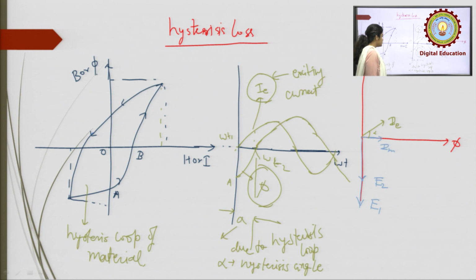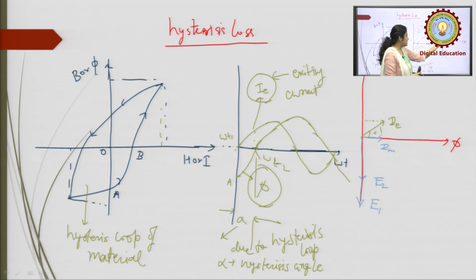So due to the presence of this hysteresis loop, the current is leading with the flux phi. Now the phasor is like this, so you can resolve this phasor into two components.